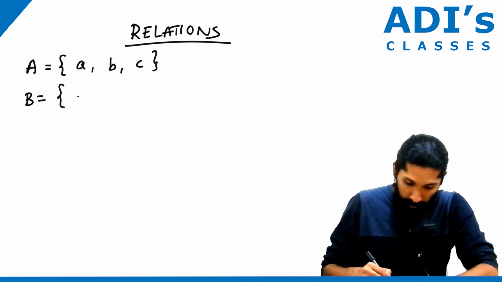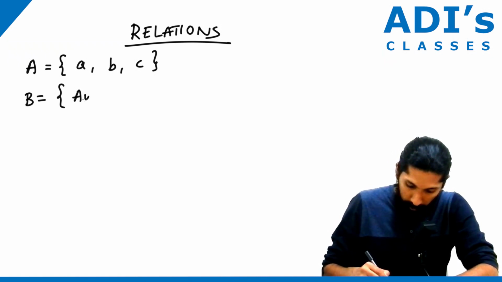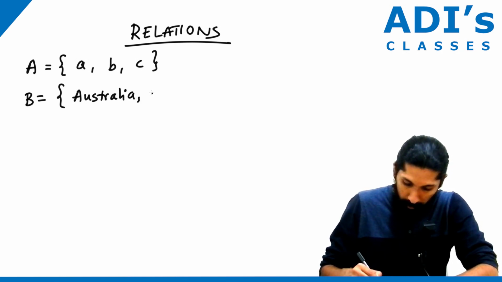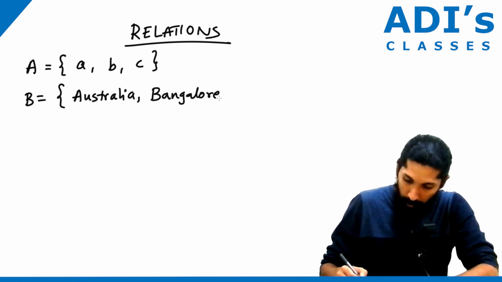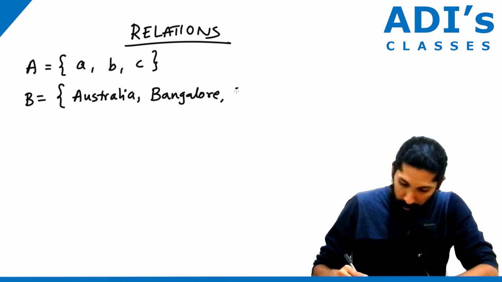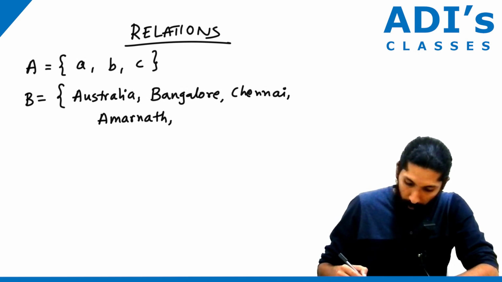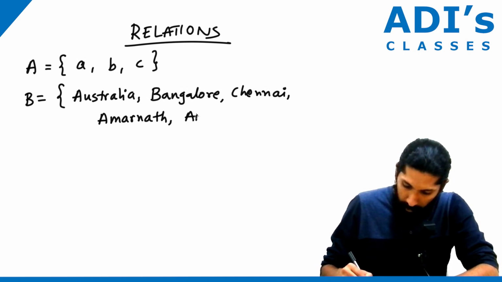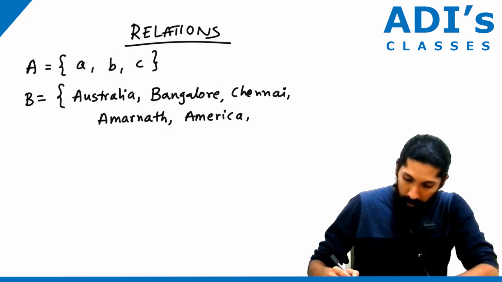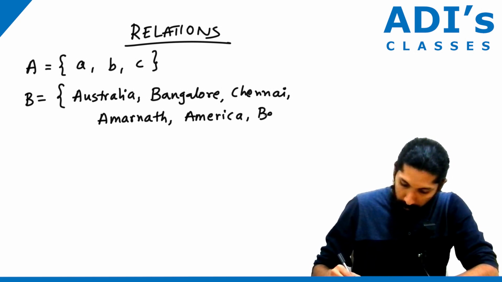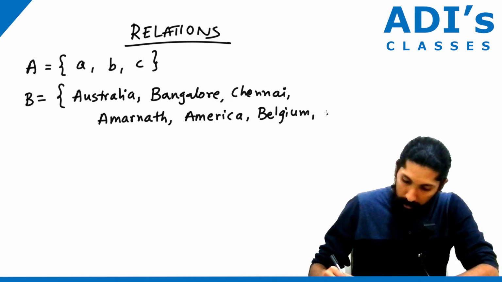From A, we'll start with, let's say, Australia, and then we have Bangalore, Chennai, Amarnath, America, Belgium, and Delhi.